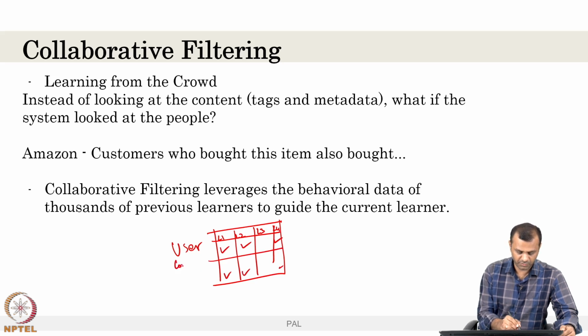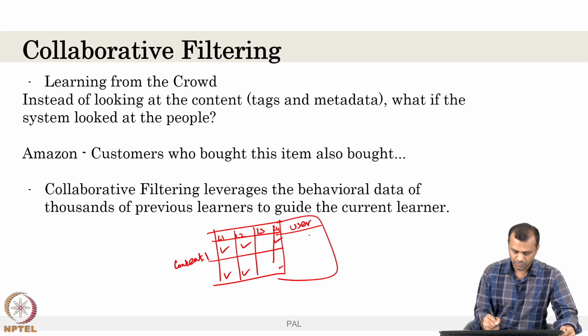Let me put it this way. Content 1, the user likes it. Content 2, the user does not like it.